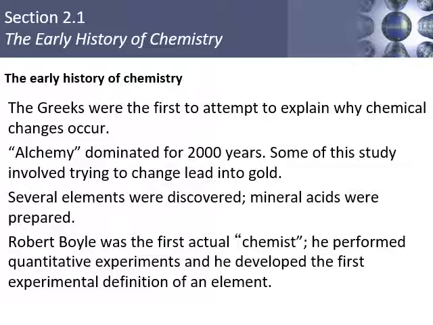That was pretty much prescient, because it turned out that they were right. However, they thought that these little things they called atoms were indivisible, and it turns out that that was wrong. But that was still excellent work on their part, as was a lot of the other stuff that they did. And then I'll let you read the stuff about alchemy and Robert Boyle on your own if you want to pause the video. I'm going to go to the next slide.